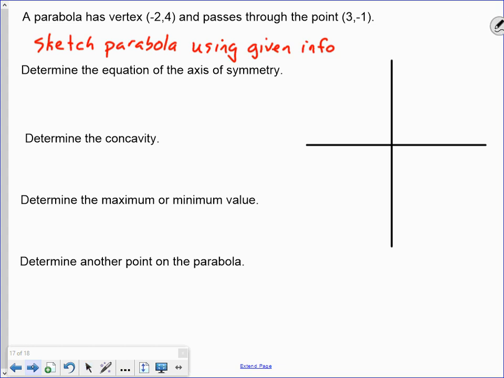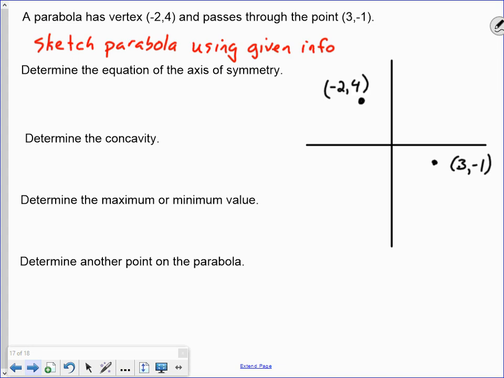So I've got an xy plane here. I'll just go negative 2, 4. I'll say that this is my point, (-2, 4), right here. The other point that I'm given here is (3, -1). So I'll go on the other side. I'll say (3, -1) is going to be right about there. Okay, so those are the 2 points I'm given.